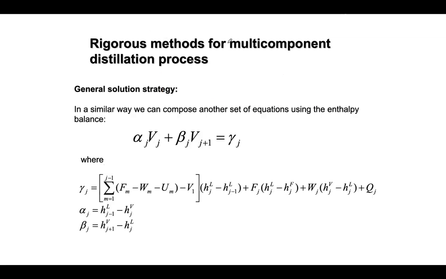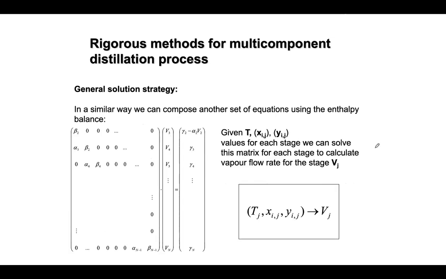Okay, that one there. Another one, we also can compose another set of equations by using the enthalpy balance. Again, they try to find parameters involving the enthalpy in the liquid and vapor, and also they have some gamma here, and then they get all of those equations there.